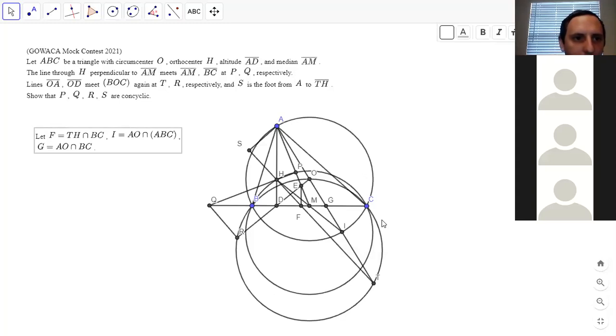So just defining our points here. Those are not mentioned in the problem.